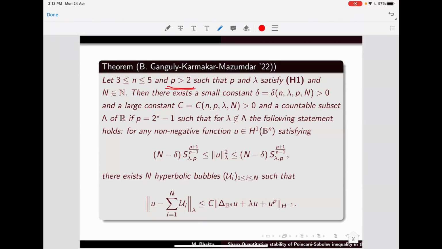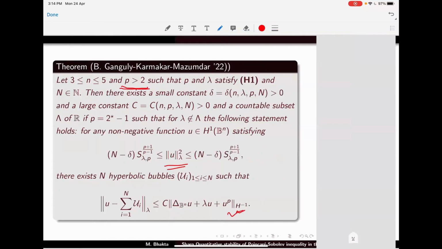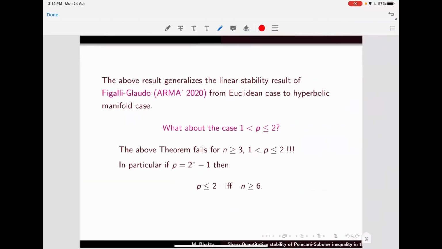In the critical case, lambda is restricted to the set where we removed a countable set, which means the energy is close to n hyperbolic bubbles. Then this linear stability result holds. So this result generalizes the stability result of Figalli-Glaudo in 2020 from the Euclidean case to the hyperbolic manifold.